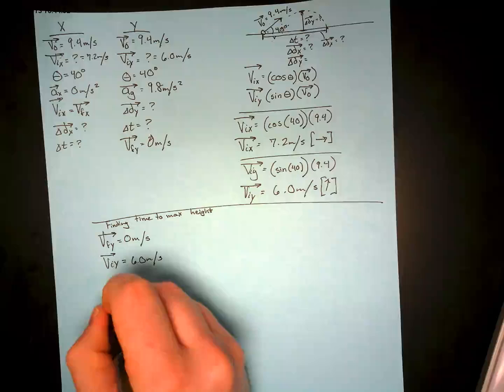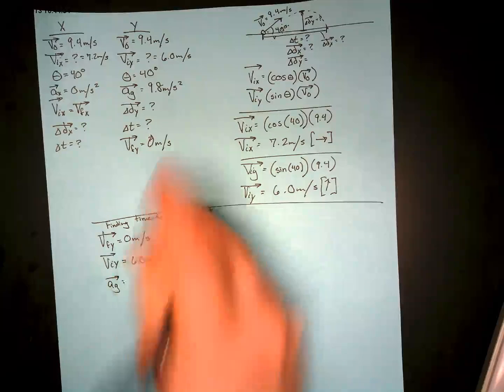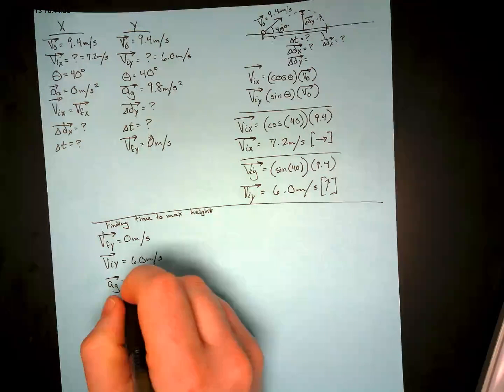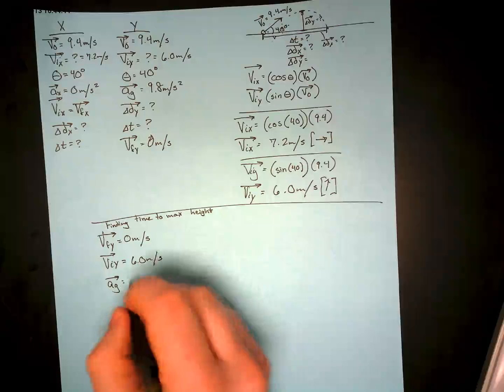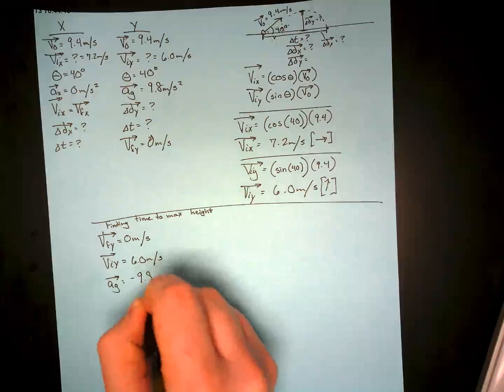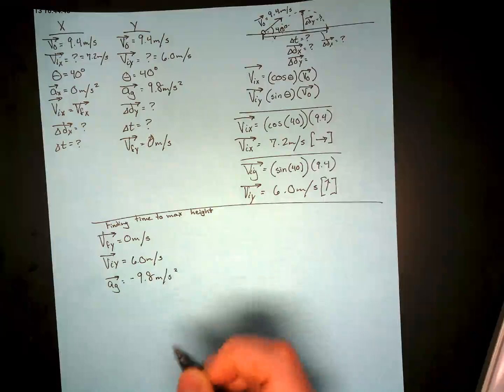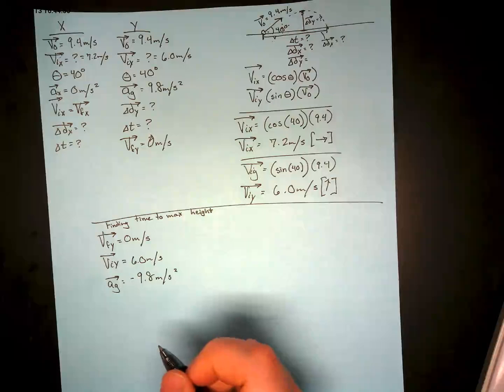We also know gravity, and this is where I mentioned gravity being negative or positive depending upon your direction. Because it's moving upwards, we associate the upward direction with being positive, so gravity is going to be negative. Okay, what else do we have?